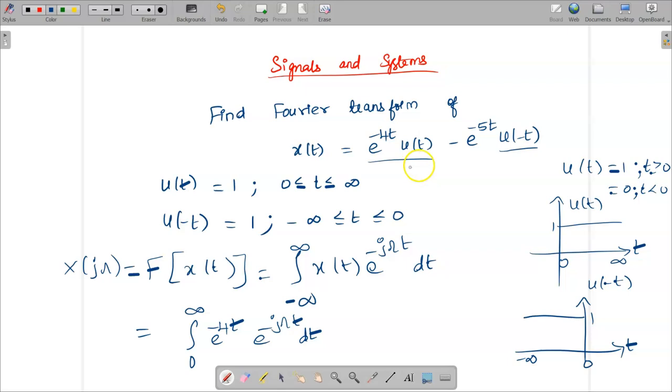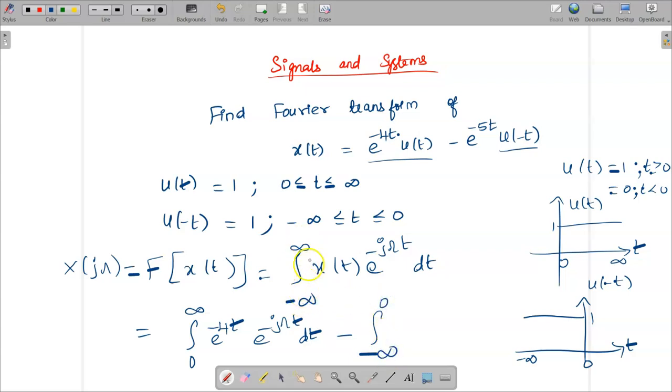For the first term, wherever you have x of t, we write e power minus 4t, and this value exists for 0 to infinite, and in the formula you have e power minus j omega t dt, you just put it as it is. Coming to the second term, you have minus, and the limit exists for minus infinite to 0.